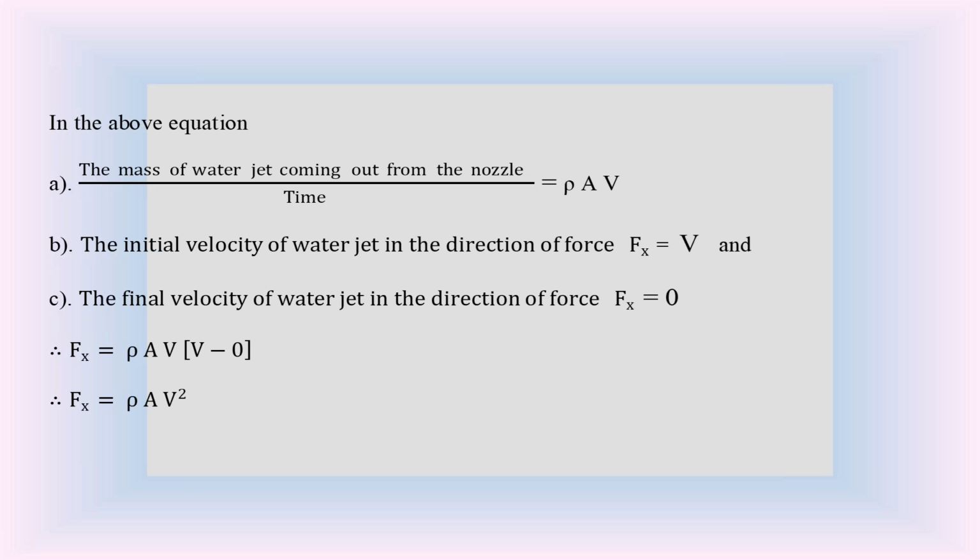So in this impact, the final velocity of water jet in the direction of force Fx is 0. According to Newton's second law, Fx is equal to the horizontal force exerted by water jet on the stationary vertical flat metal plate.